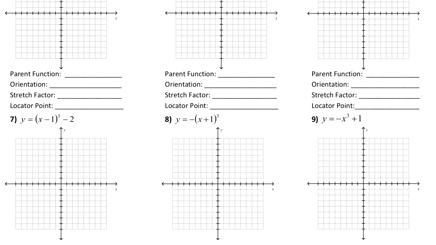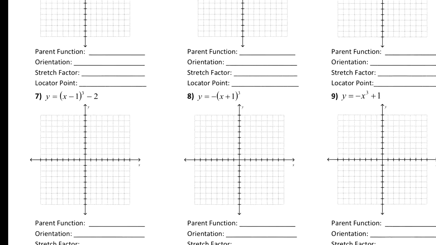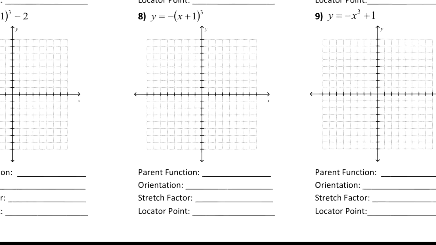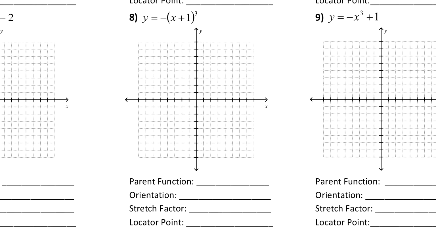And then, for example, I'll do number 8. I'll just pick one. So I see this one has a cubed, an exponent of 3, so that tells me the parent function is cubic. And I need to know the a value, h, and k.